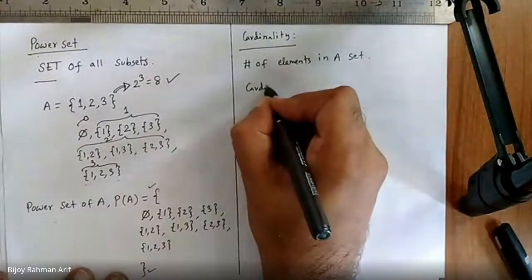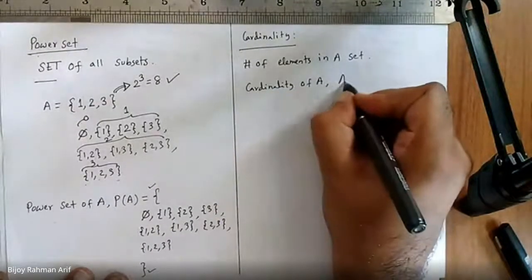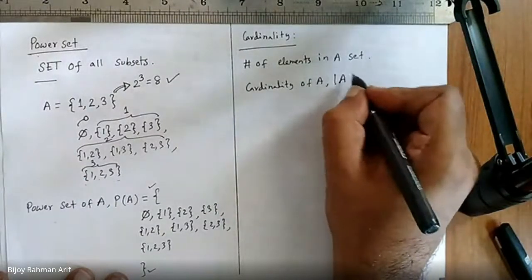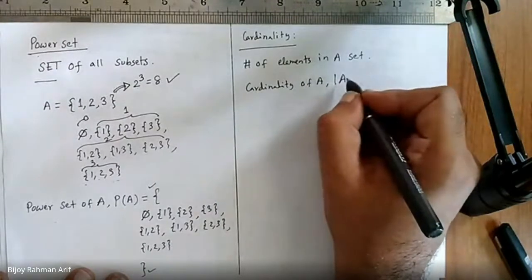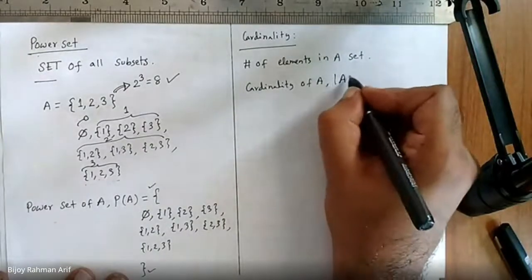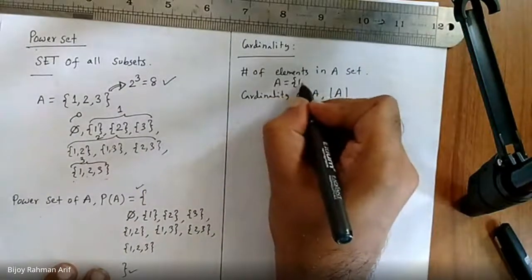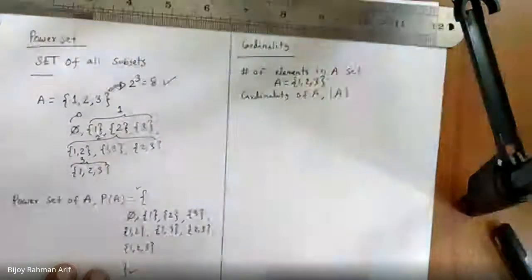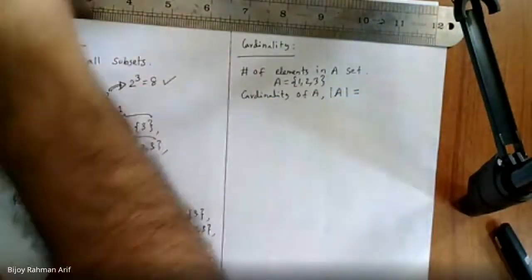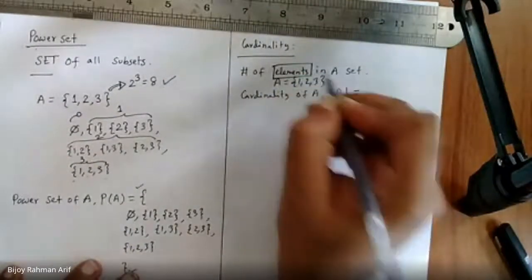The cardinality of A is denoted by a bar on the left side and a bar on the right side. So if A equal to {1, 2, 3}, what is the cardinality of A? Remember, elements. 3. The cardinality of A is 3.